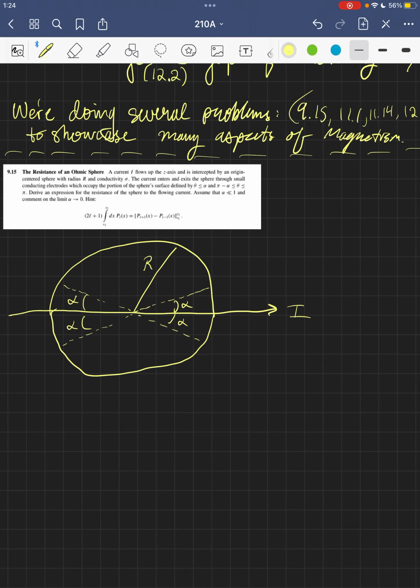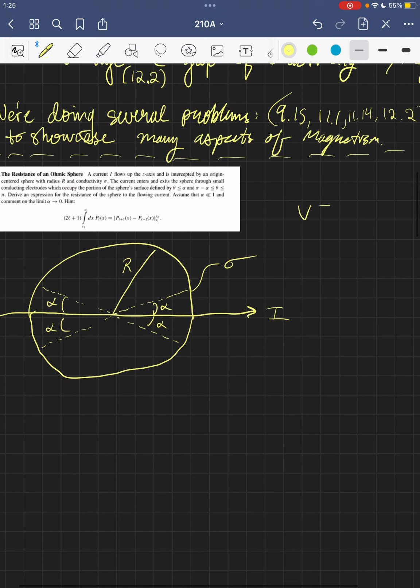So we have that, and we want to know, oh, and let me put the conductivity as sigma. We want to know what the resistance of the sphere is, right? So just starting out, we know V equals IR. So we're going to need to find the potential V. Okay?